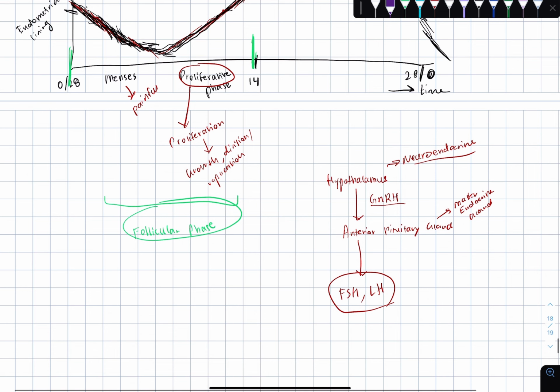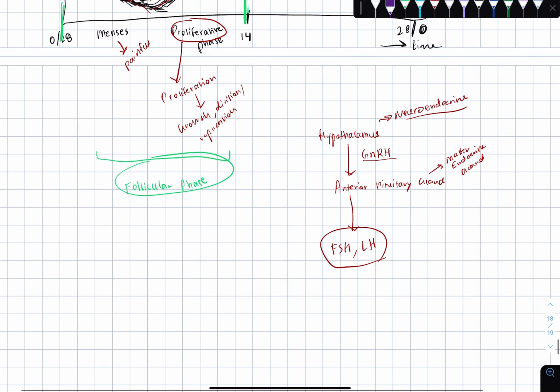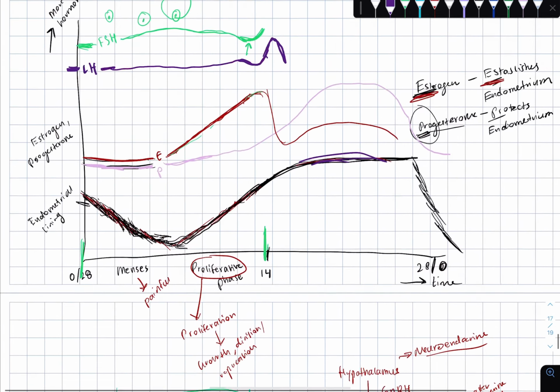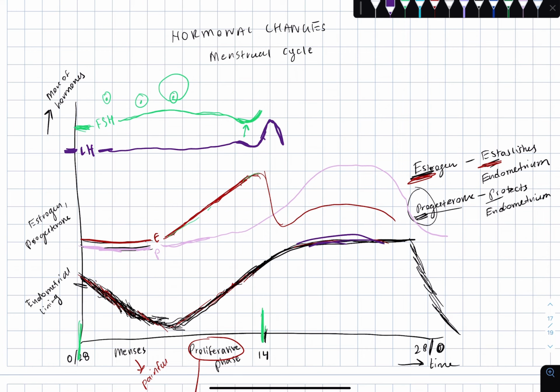And now if we talk about LH, luteinizing hormone, we didn't get to the luteal phase yet, which is day 14 to day 28. It's called the luteal phase because that is where the corpus luteum is developing. So we're developing a corpus luteum over here, which is then going to allow for the secretion of progesterone.